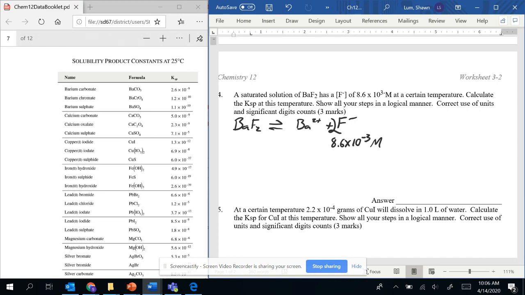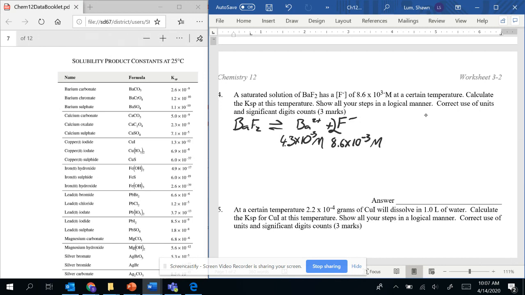So I just divide this by 2 to get the concentration of Ba. And so 8.6 divided by 2 is 4.3 times 10 to the minus 3 molarity. Okay, so those are my concentrations of my ions in solution.